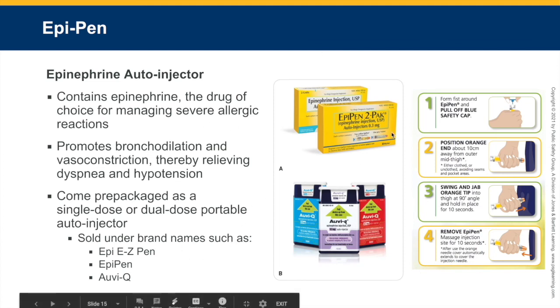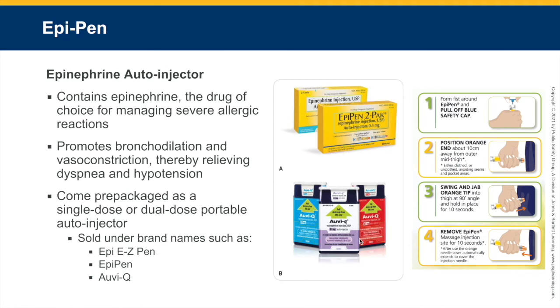And EpiPens usually come, so we see more of these. They're more common now in these little square things that you push into the side, but it's an IM or intramuscular injection. And I'm sure we've all seen these EpiPens around where you take the blue cap off, the orange side is a needle, stick it right into the thigh, hold it for 10 seconds, and the drug epinephrine comes out. Okay.